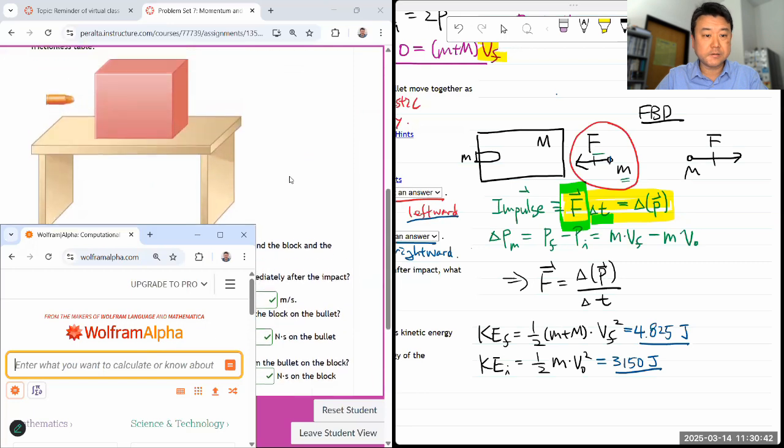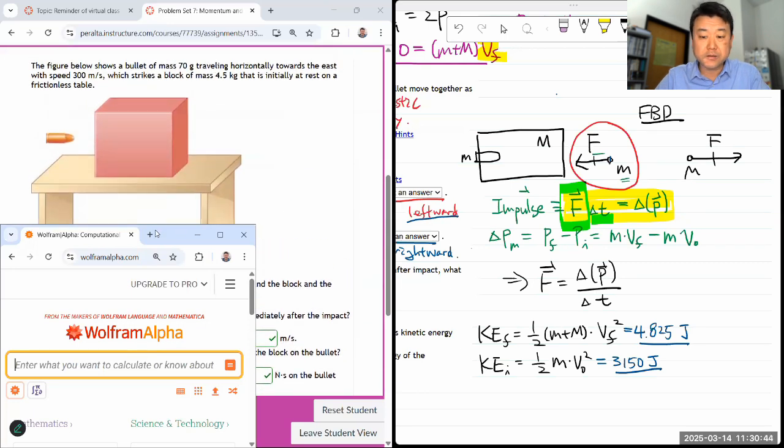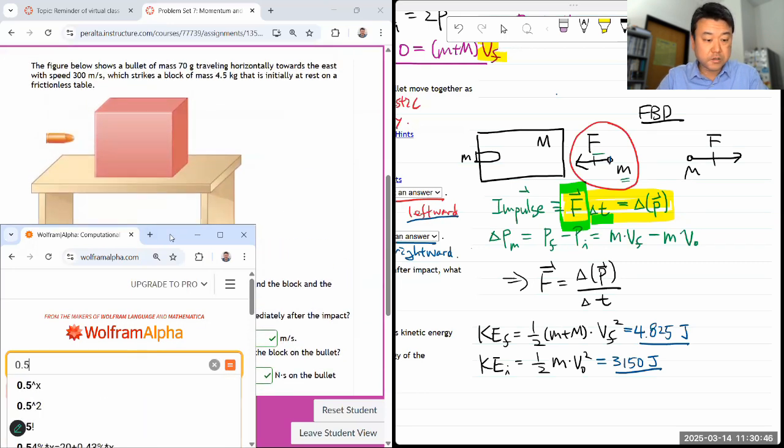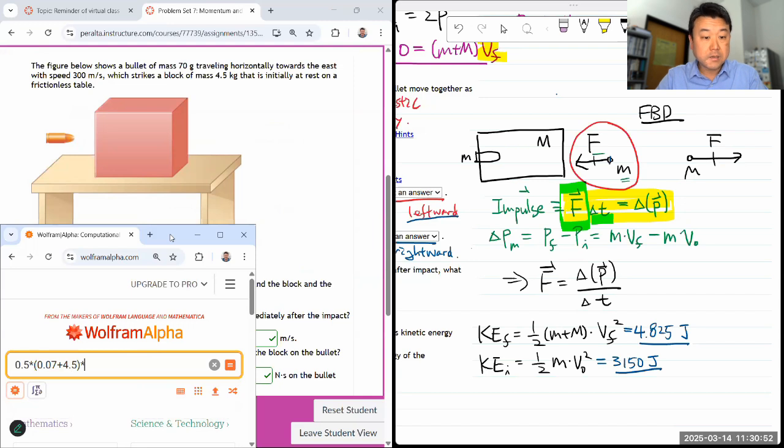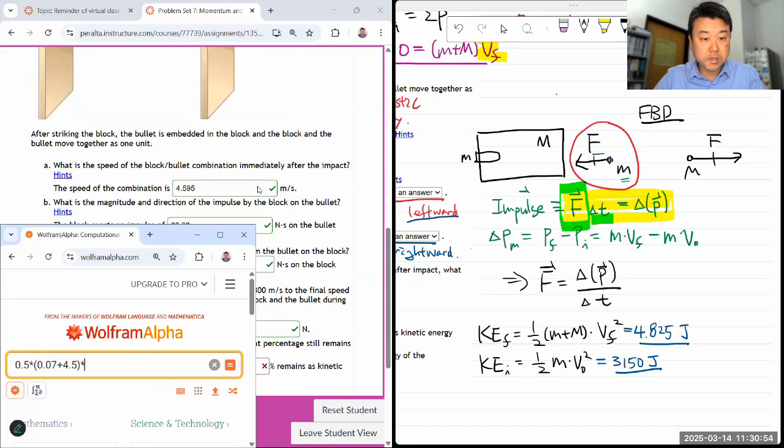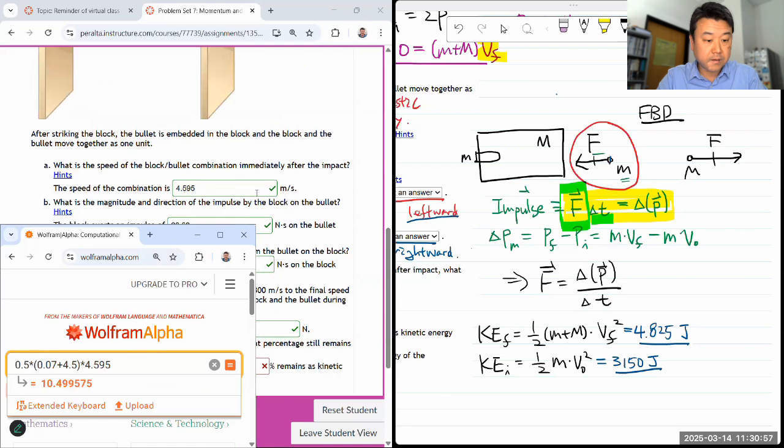It's always possible I could have made a mistake on the calculator. So let's say 0.5 times 0.07 plus 4.5 times the speed, 4.595 squared. Oh, I definitely did make a mistake, because that's 48.25, not 4.825.